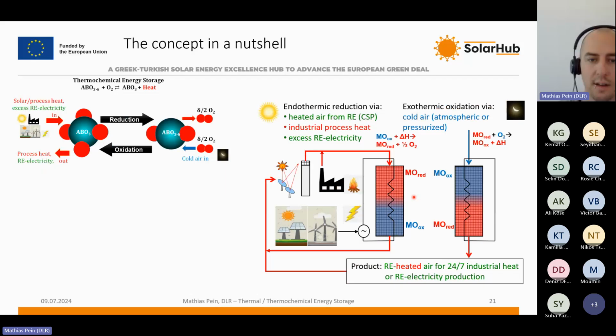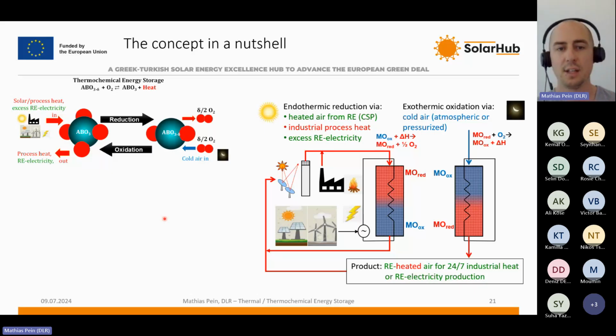And in a real world application, so that's just a schematic here, these devices are also very flexible. So they essentially don't care where the hot heat transfer fluid or the hot air is coming from, right? So in an industry park, you could have multiple sources of heat that are supplying this storage device, and combine it and max out the efficiency of such a storage device.